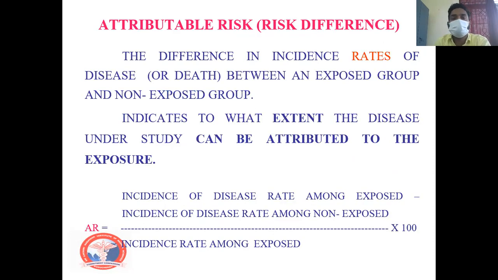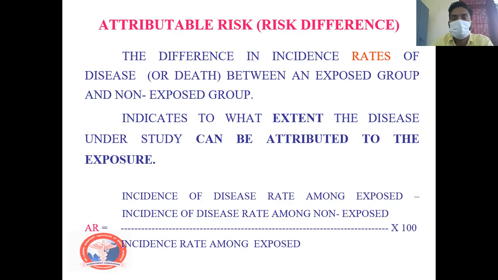Then comes attributable risk, that is risk difference. The difference in the incidence rate of disease or death between an exposed group and non-exposed group is nothing but attributable risk. How much the factor is attributing to the disease. It indicates to what extent the disease under study can be attributed to the exposure.